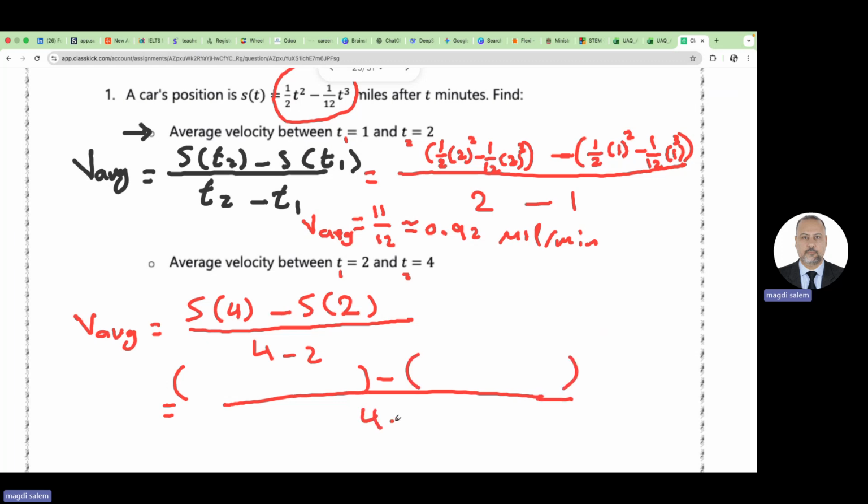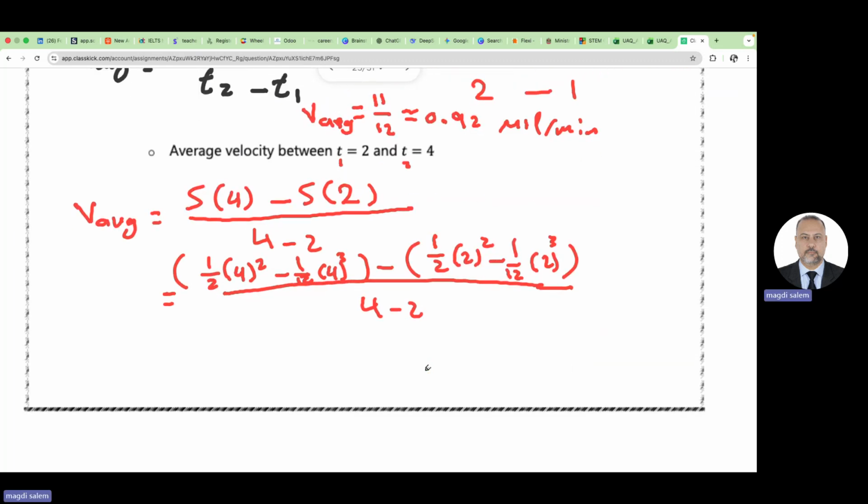And down keep it 4 minus 2. So this one is half multiplied by 4 squared minus 1 over 12 multiplied by 4 cubed. And here again you will repeat the same thing but with the 2. So it's half multiplied by 2 squared minus 1 over 12 multiplied by 2 cubed.